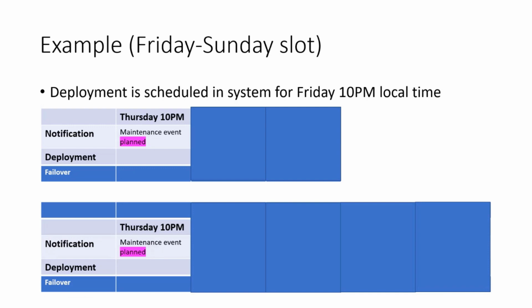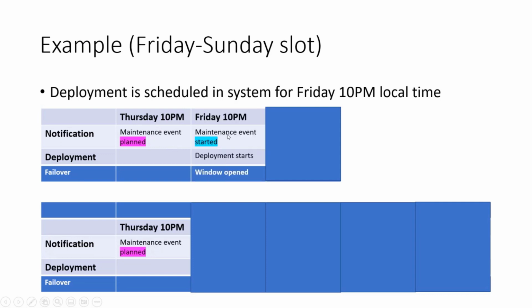Let's imagine that for your SQL Managed Instance, you have selected the weekend slot, Friday to Sunday, because the working days are peak hours for your workload. If the deployment is scheduled for Friday, and it should start at 10 p.m. local time, the notification about the planned maintenance event will be sent on Thursday.